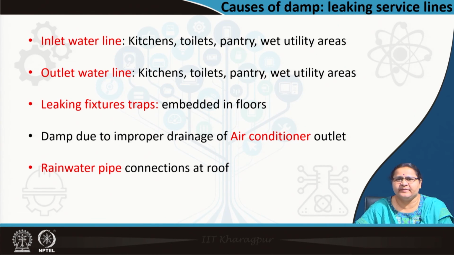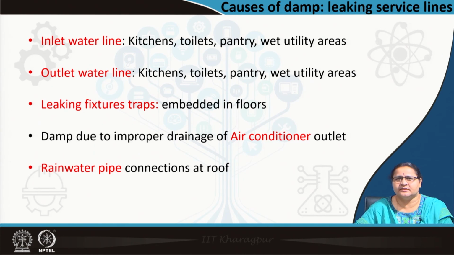Another is improper drainage of air conditioners. The water that comes out needs to be properly drained from the air conditioner. Otherwise, that may also lead to localized damp, and create damage to the structure.